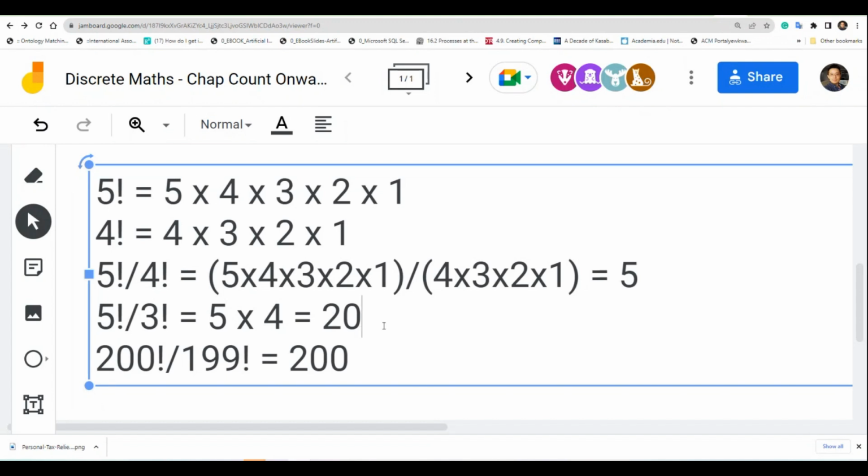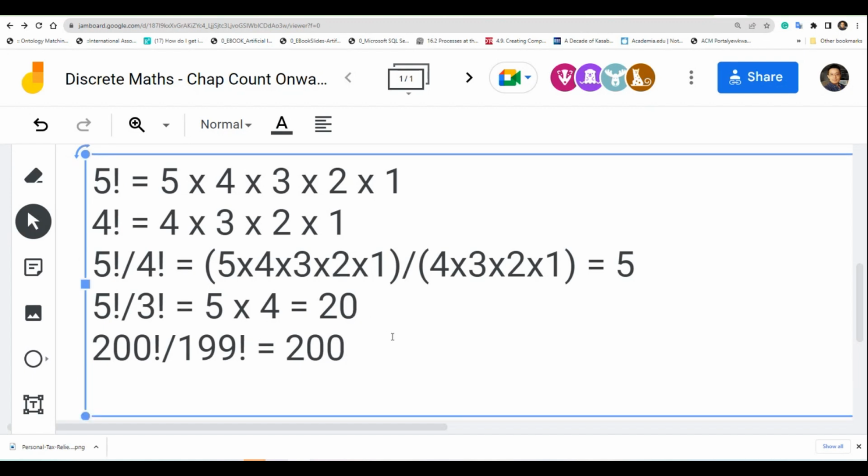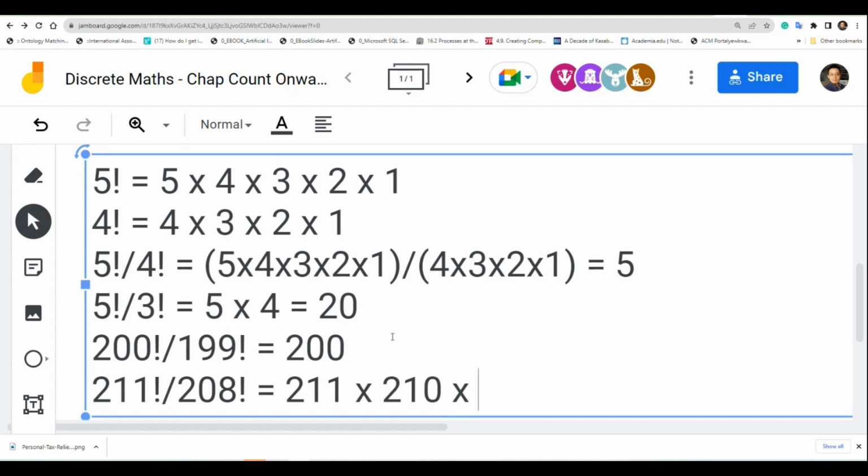So this may seem trivial, nothing that useful or important. But when you do permutation and combination using very big numbers, let's say 211 factorial divided by 208 factorial, if you understand the concept perfectly, you simply take 211 multiplied by 210 multiplied by 209.